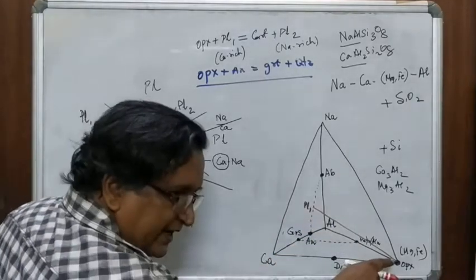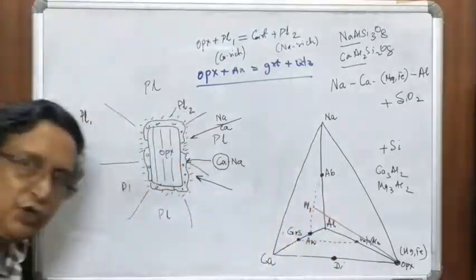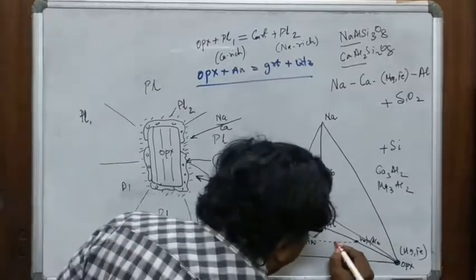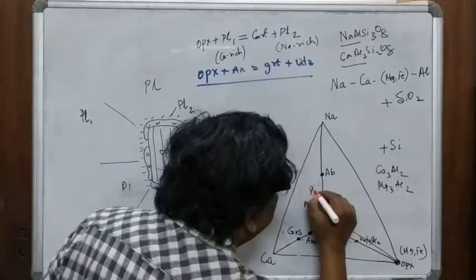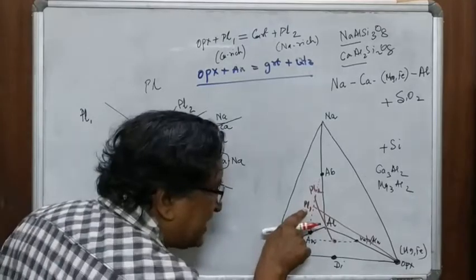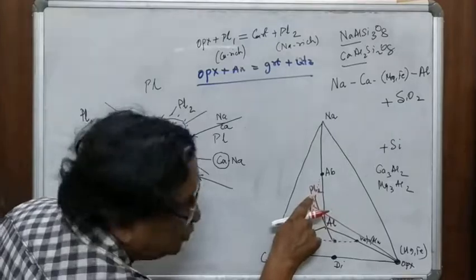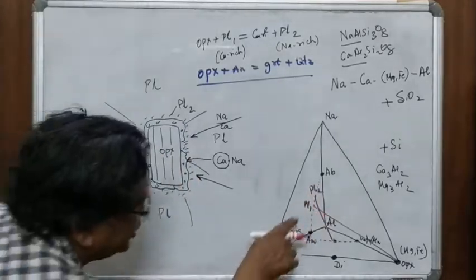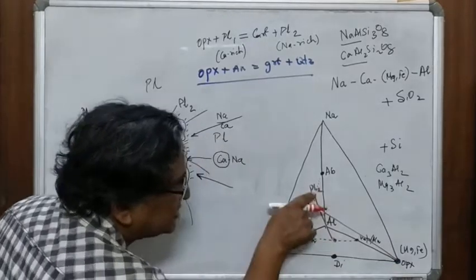OPX 1, plagioclase 1. Now, if I have to then get a garnet, then these two tie lines should cross cut. So let's say if you have a garnet here, then plagioclase 2 should be here if your garnet is here. Because if this is plagioclase 1, which is calcium rich, then plagioclase 2 should be albite rich. So your plagioclase 1 plus orthopyroxene gives you garnet plus plagioclase 2.